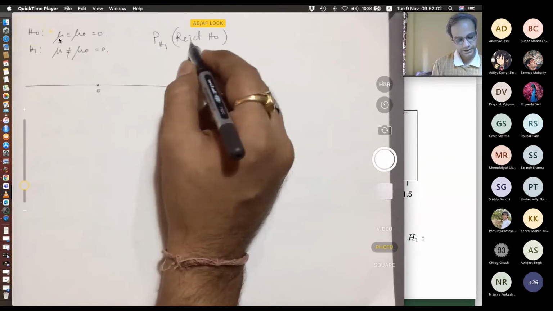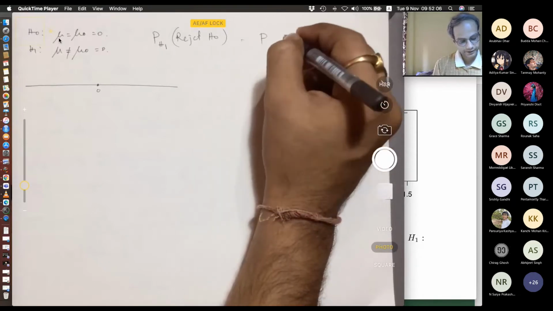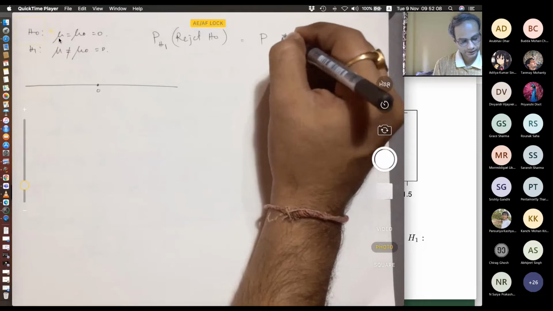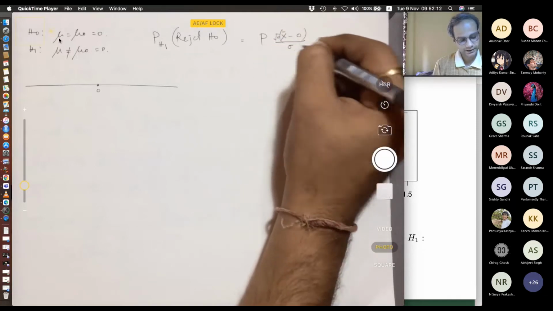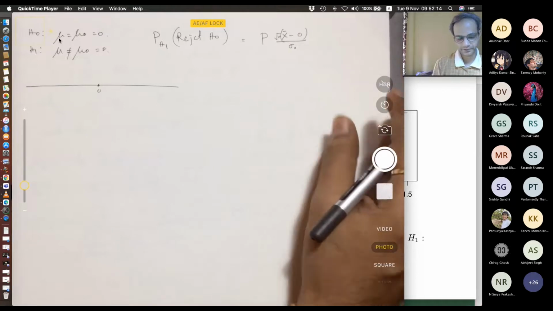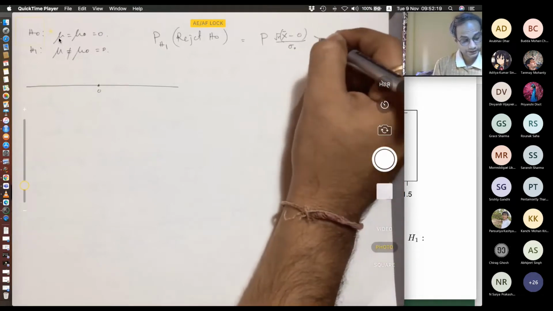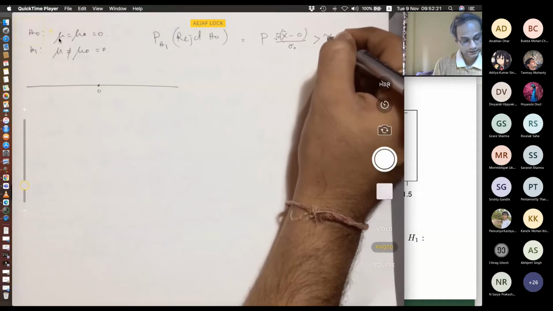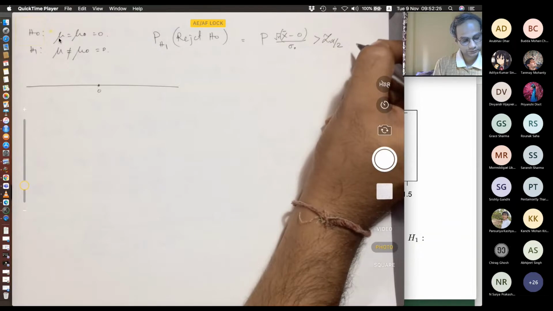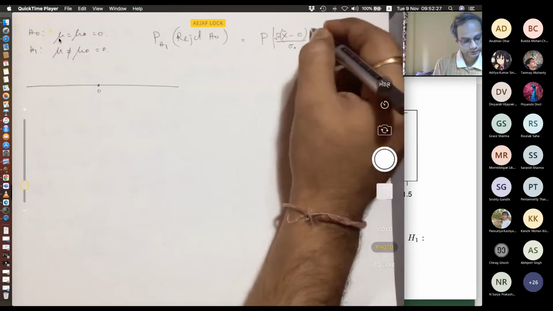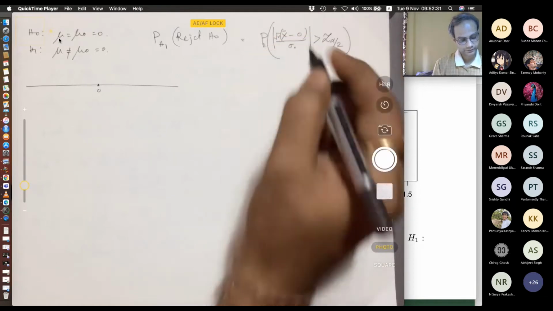So probability to reject H0. That means probability that x bar minus 0 divided by sigma naught, let us say sigma known, or if it is not, you can go by t, no problem, this quantity is greater than z alpha by 2, under H1.